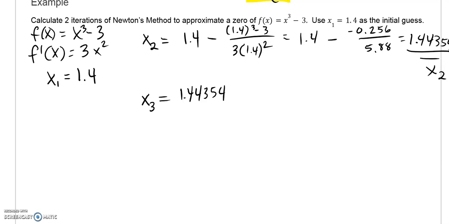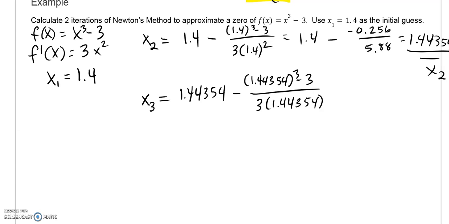So it's going to be that minus 1.44354 to the third minus 3 all over 3 times 1.44354 squared. And then that'll give us that approximation. When you plug it in, it's going to be 1.4423, right? That is our x sub 3.